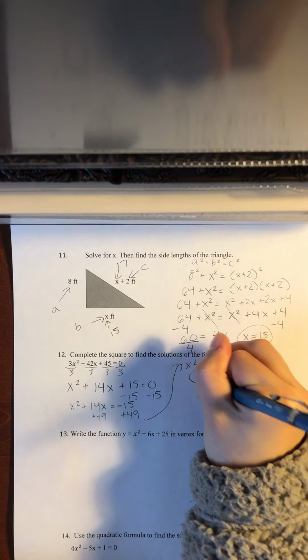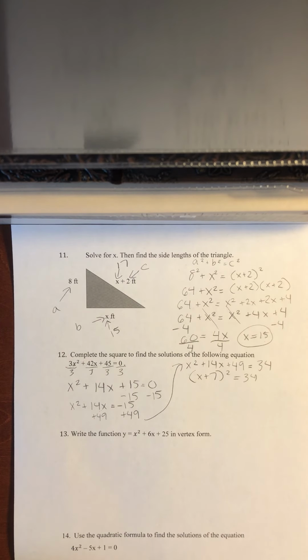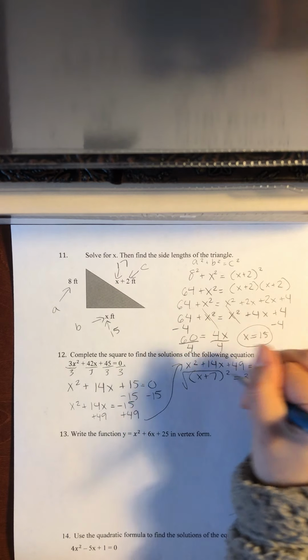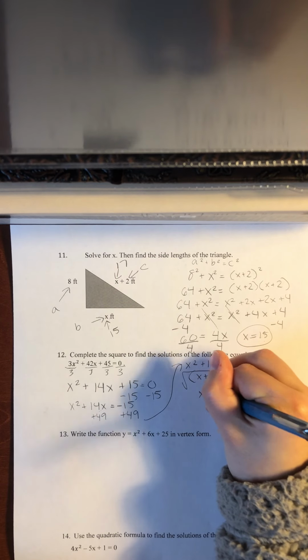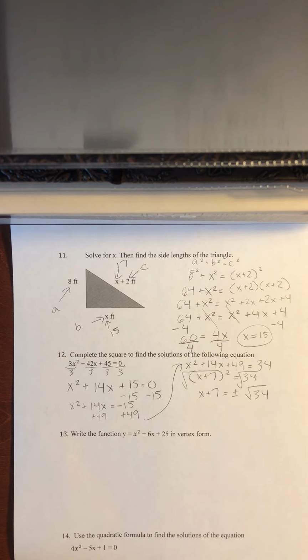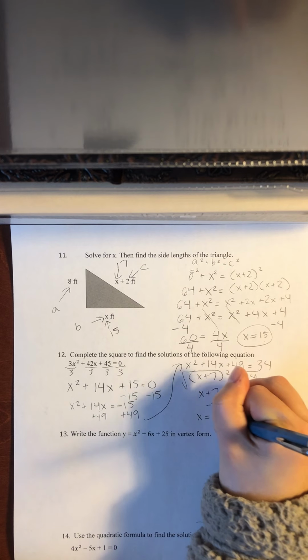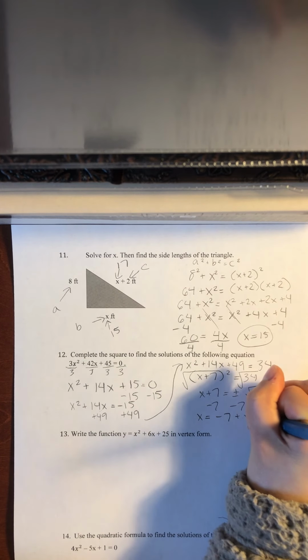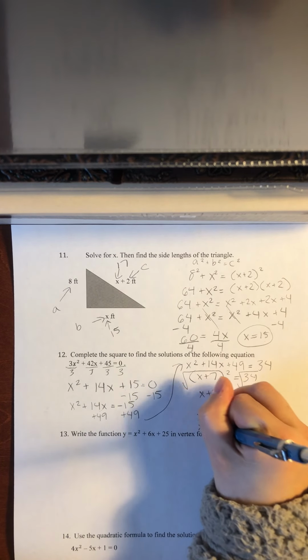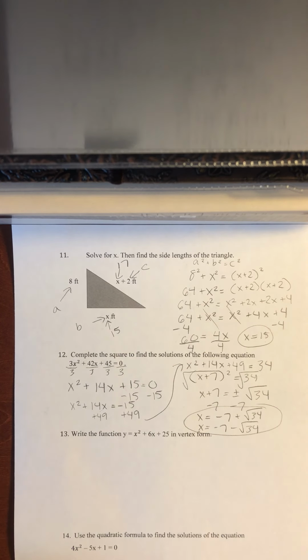Factor this side to x plus 7 squared equals 34. Take the square root of both sides. X plus 7 equals plus or minus radical 34. Subtract 7, x equals negative 7 plus radical 34, and x equals negative 7 minus radical 34. Those are the two solutions.